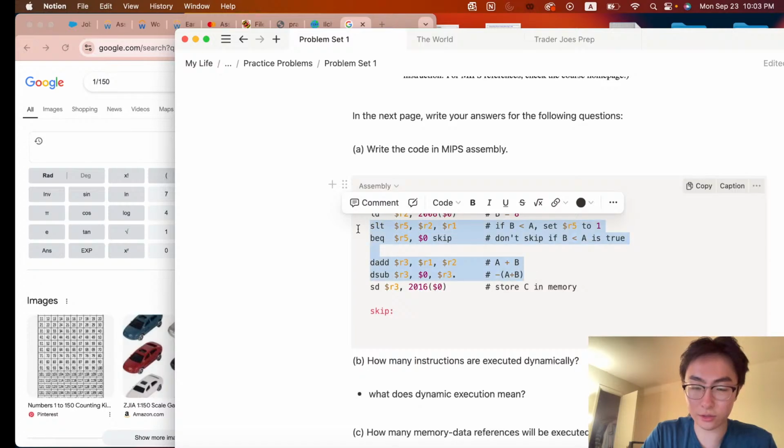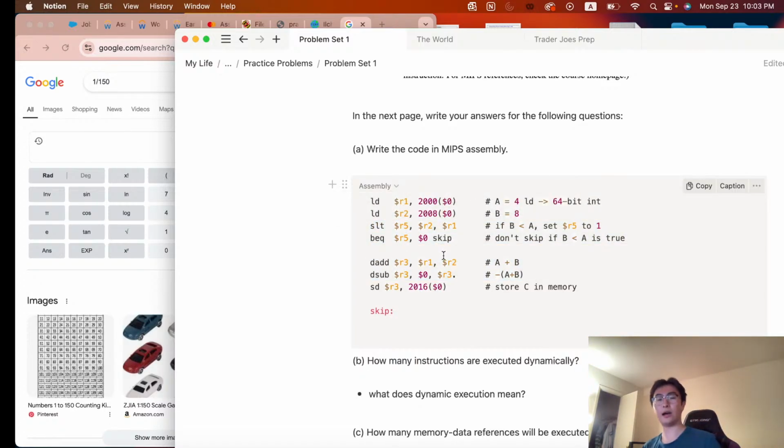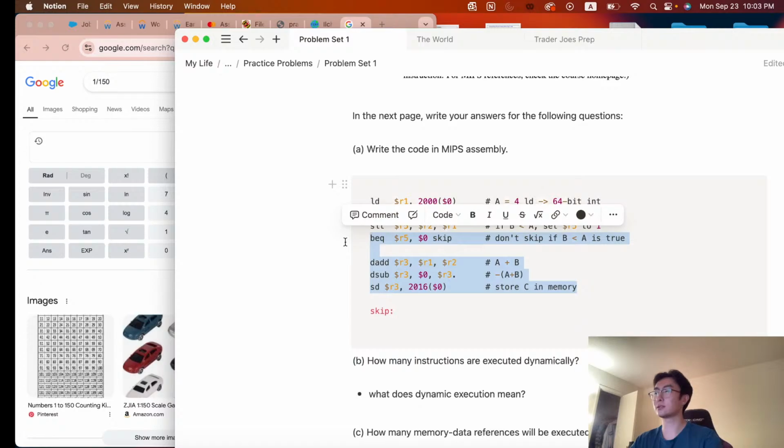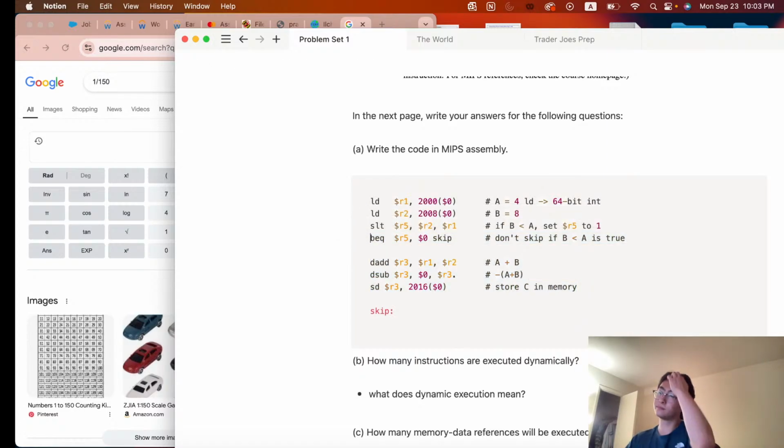I'd imagine that these are probably the instructions after we've loaded in everything that will run. It could even be this. Okay, I don't know actually.